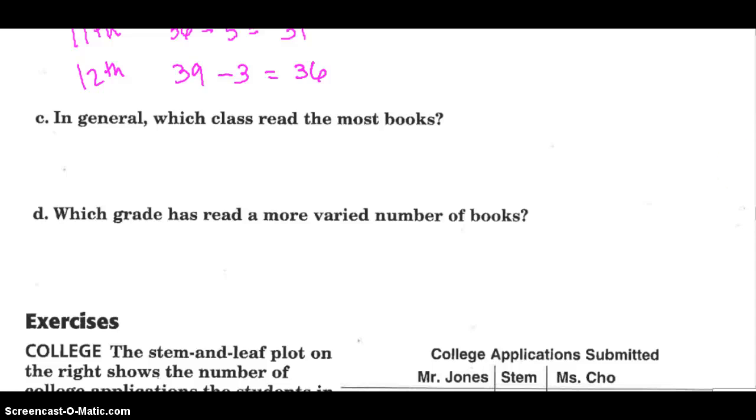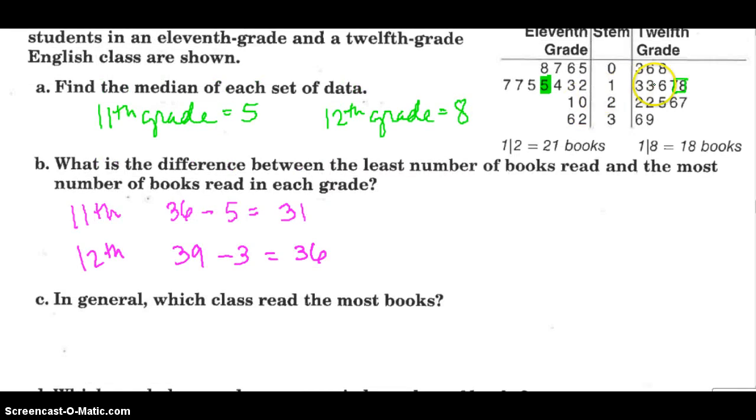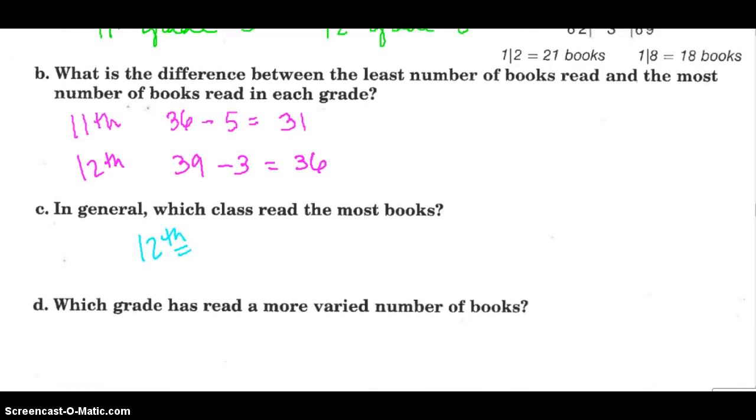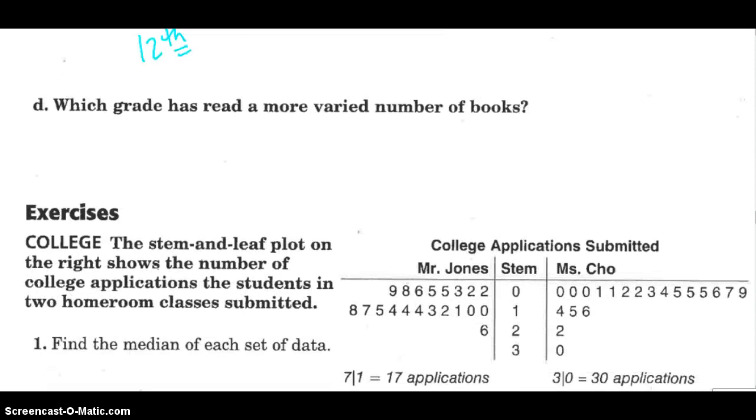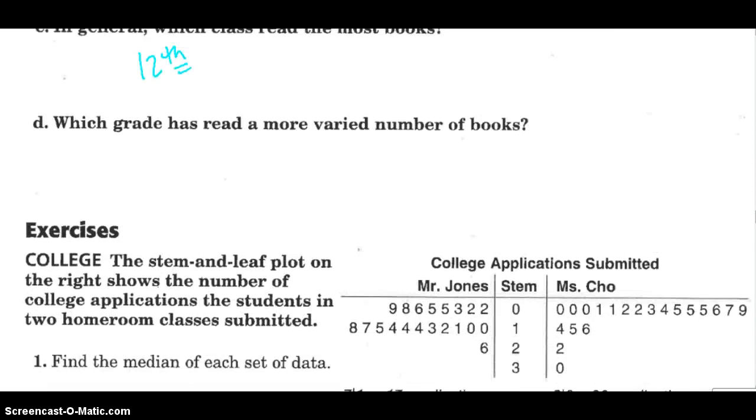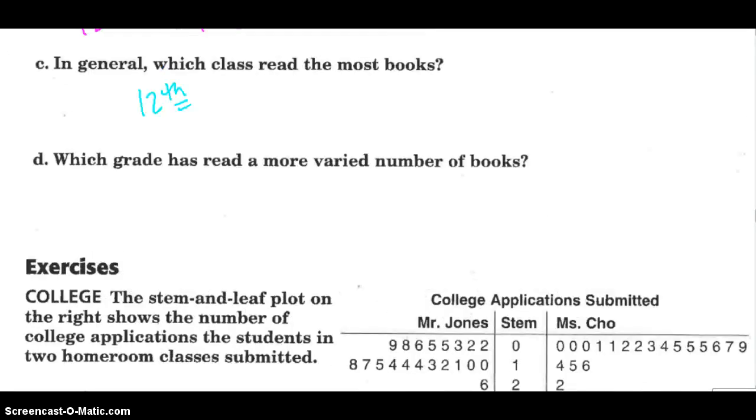So look at the 12th grade stem. We have almost the same in the tens place with just a few more, but significantly more in the 12th grade for the 20s. So I'm going to say the 12th grade. And if someone wants to do the math and prove that I'm wrong, I'll be glad to hear about that tomorrow.